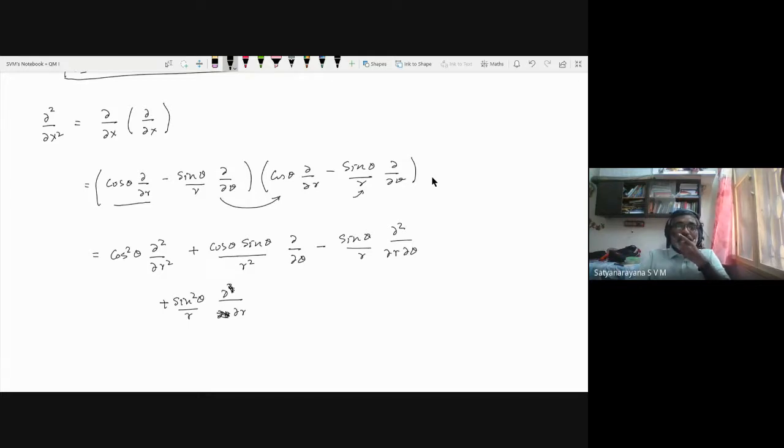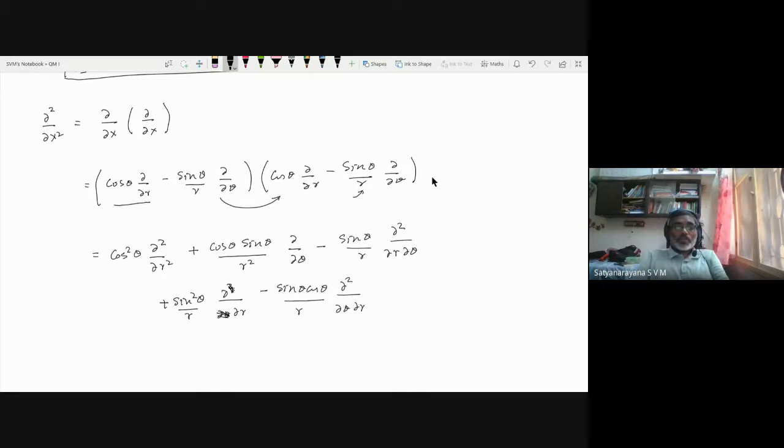And then minus sin θ cos θ by r into ∂²/∂θ∂r.